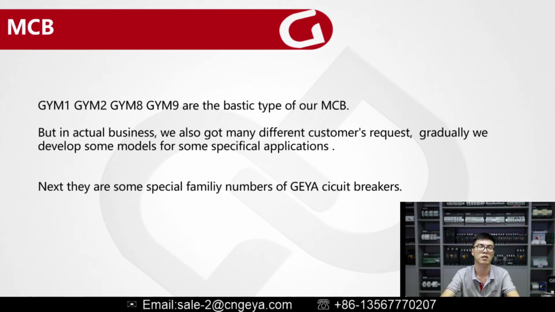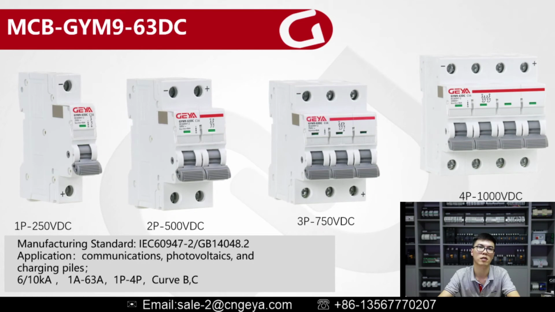First, this is an upgrade item based on GYM9 model. Our GYM9 model is for AC voltage, but sometimes customers have the demand in DC voltage. So then we have this item.